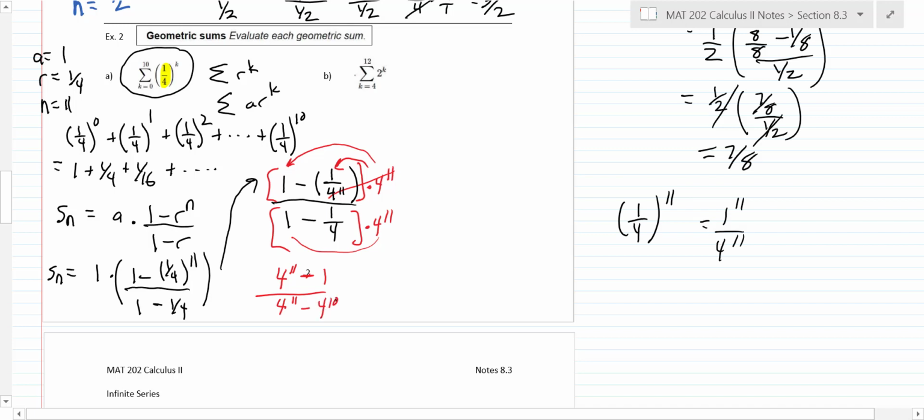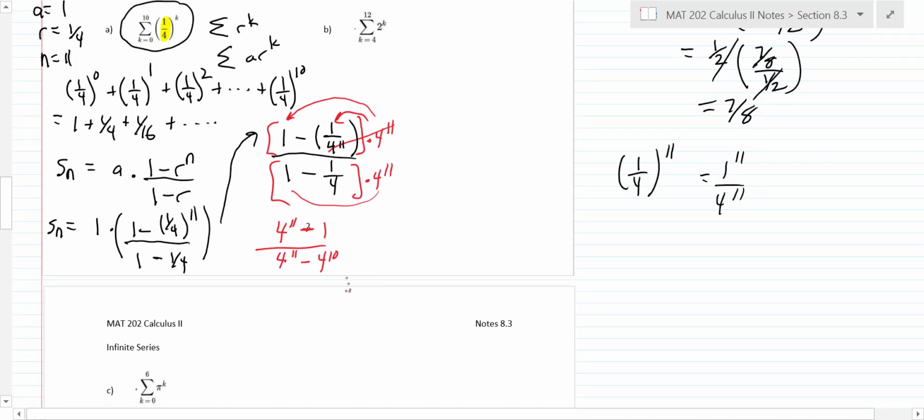Now I think you can also factor a 4 out of the bottom if you wanted to.